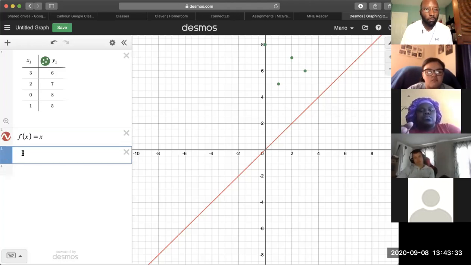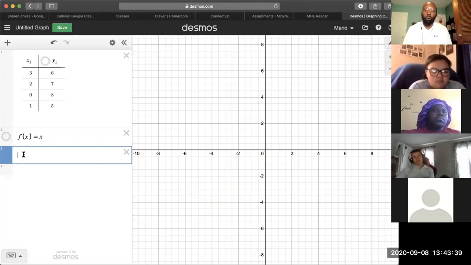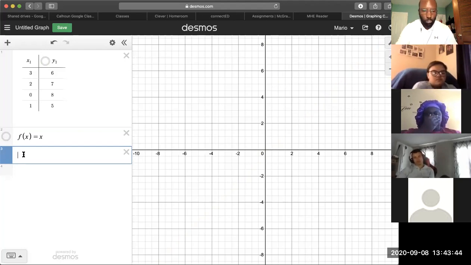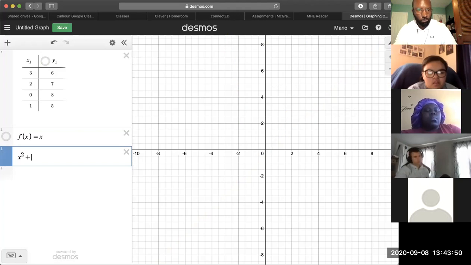Another way that we could tell functions, I'm just going to cut this off for a second and get back to that, is what's called the vertical line test. x squared plus y squared equals 4.